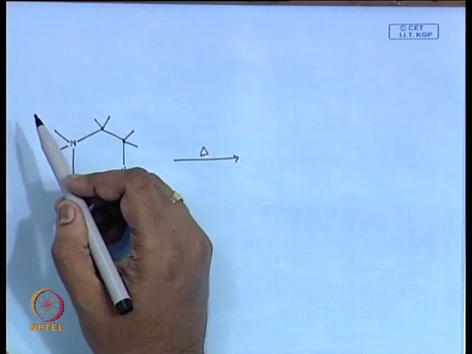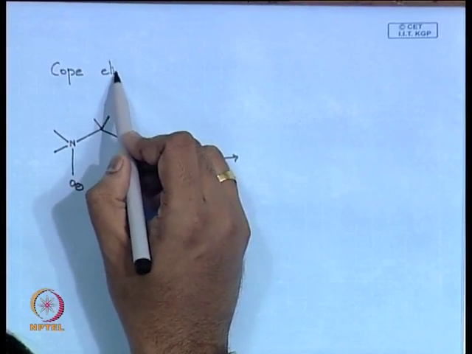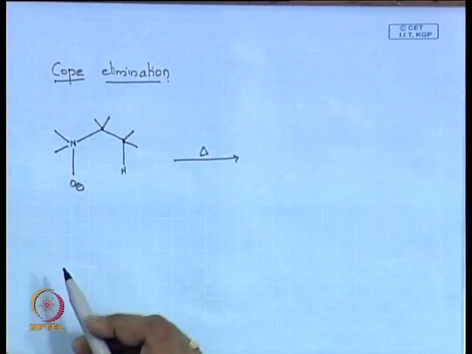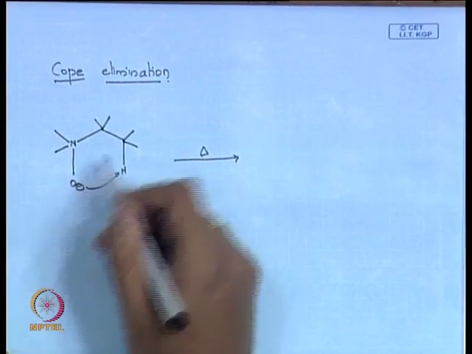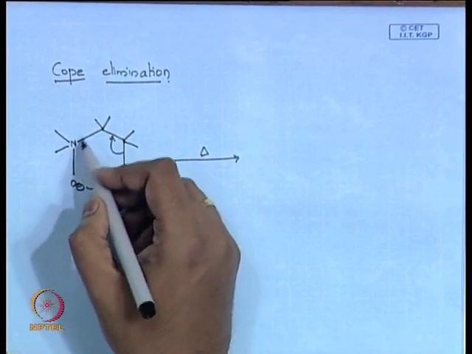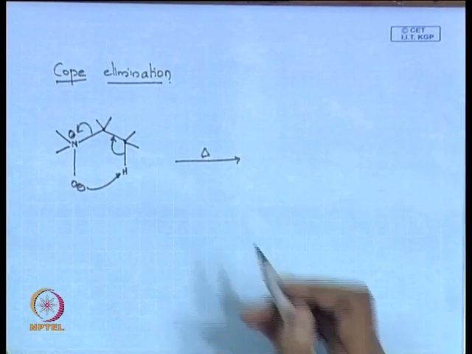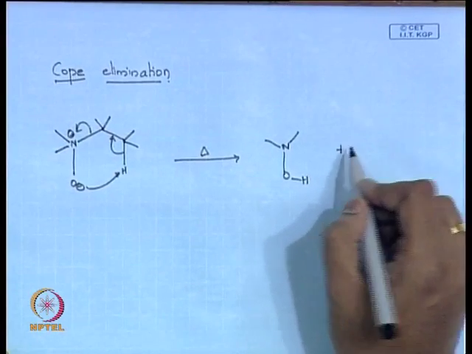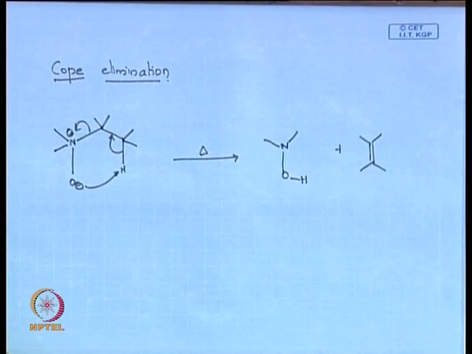Nothing but your Cope elimination, right? In the Cope elimination, just for example, you can have this O minus abstract hydrogen, positive charge, yes. It gets your hydroxylamine and you end up with your alkene. Your Cope elimination reaction also falls under retro-ene reaction.